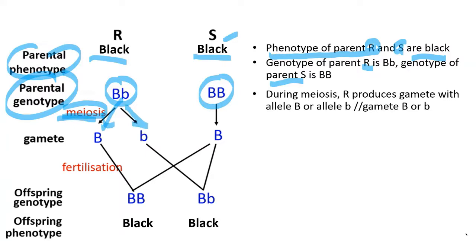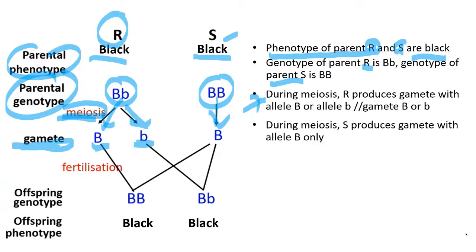This arrow represents gamete formation, which is meiosis. So we just write: during meiosis, parent R will produce gametes with allele big B or allele small b, while the other parent only produces gametes with allele big B.